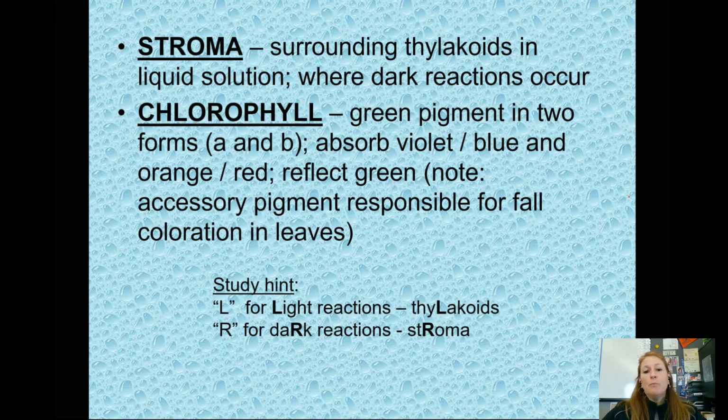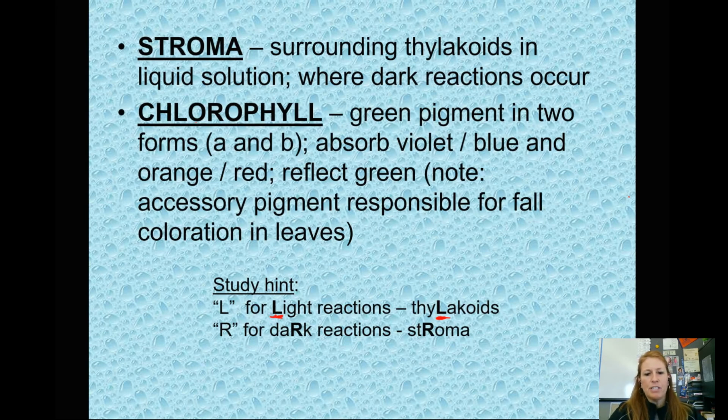So we are going to get more into light and dark reactions, but I just want to give you this little study hint that can help you remember light and dark and where they take place. And that's kind of the premise of this whole lecture: where these processes take place and what are they about? What is it producing? What does it need? Products, reactants, etc. So thylakoid has an L in it, and that's where light reactions take place.